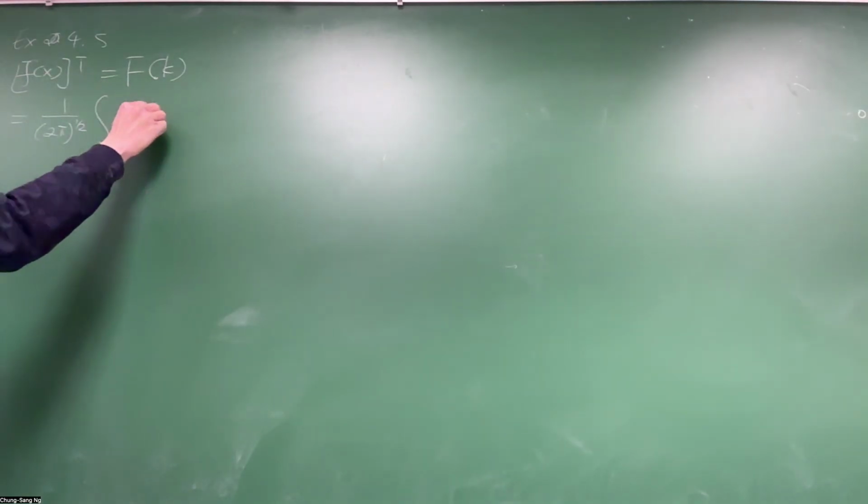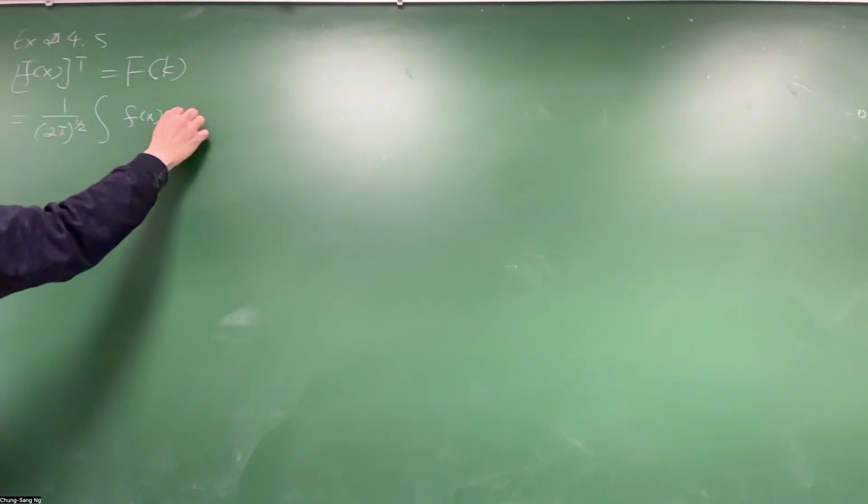You have f(x) and you Fourier transform it. By definition, using the symmetric convention, that is just f(x). And this is the transform. Your textbook uses a minus convention, but it doesn't matter. It's just the same.